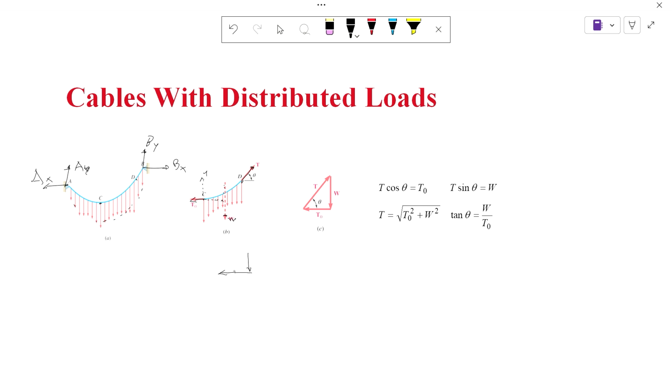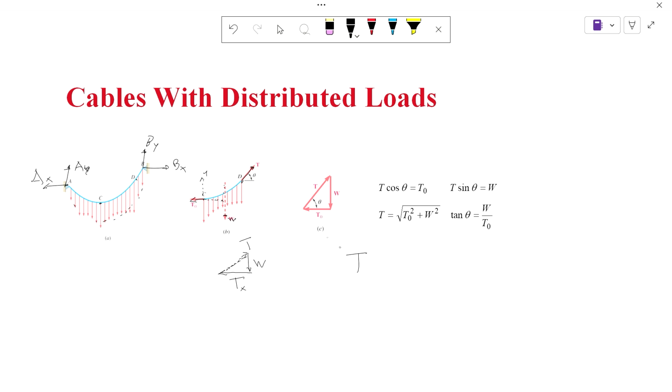Then you have the force T0 or TCX, whatever you like naming your forces, and the actual T tension from the wire, from the cable. This is in X and this is W. So with those three forces, you can definitely find your magnitude.